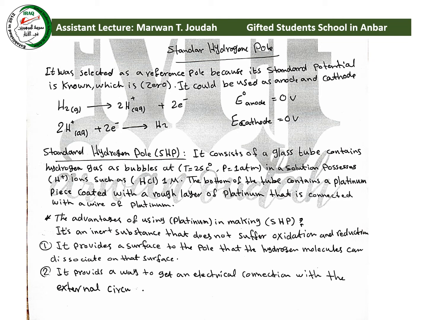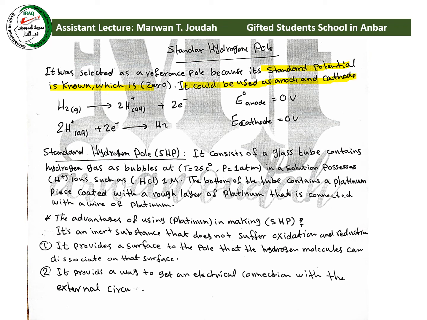There are some advantages that led us to select the hydrogen as a pole over many other elements. So it was selected as a reference pole because its standard potential is known, which is 0. This is the first one, and it could be used as a cathode and anode at the same time.